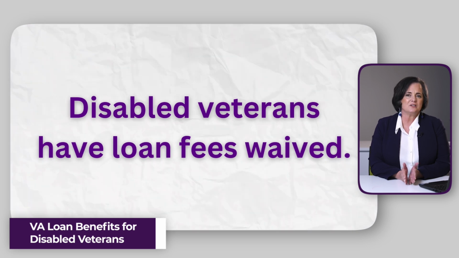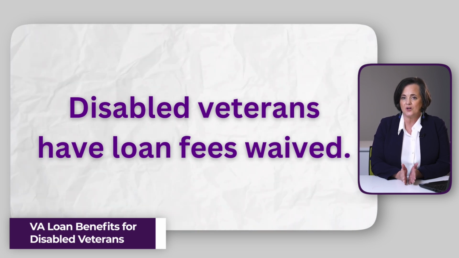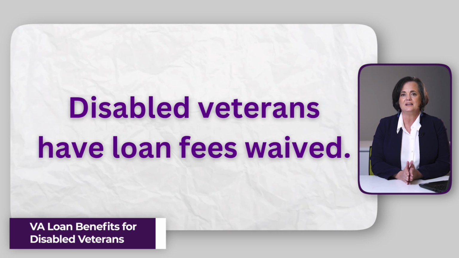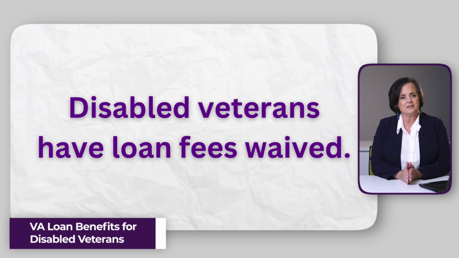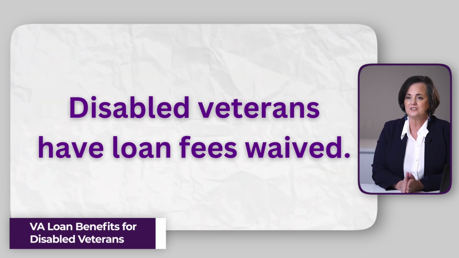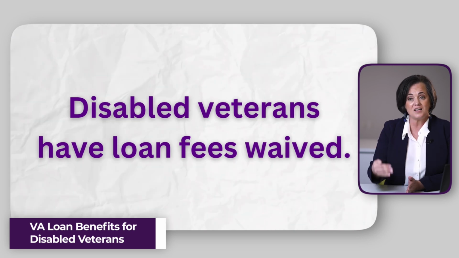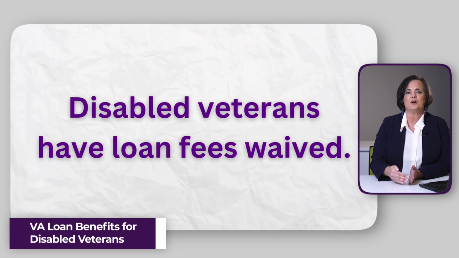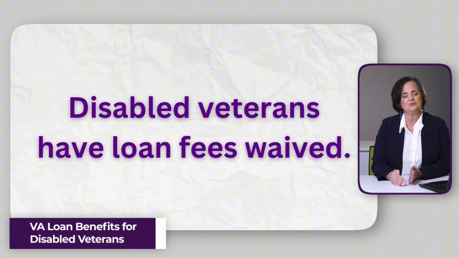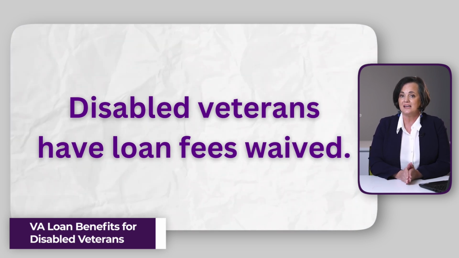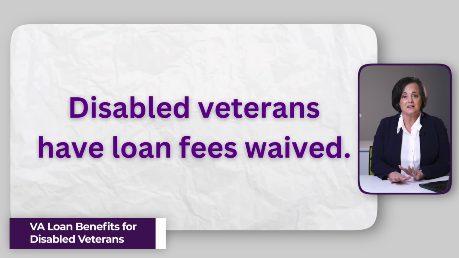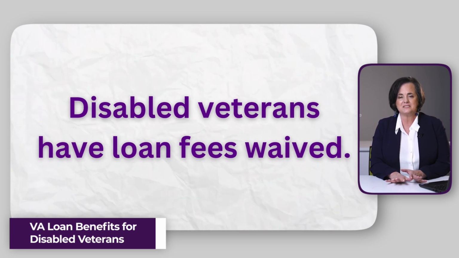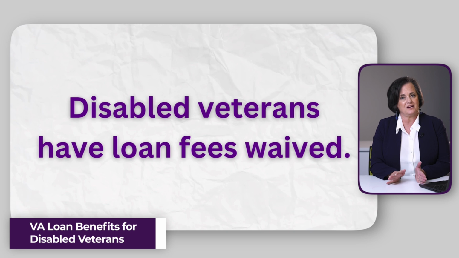So let's say, for example, it's a $100,000 loan. Just for an example, a 3.15% fee would be $3,150 that's on top of the $100,000 loan, which means that you would be borrowing $103,150. When you're disabled, that funding fee is completely wiped out and you're just borrowing the $100,000.